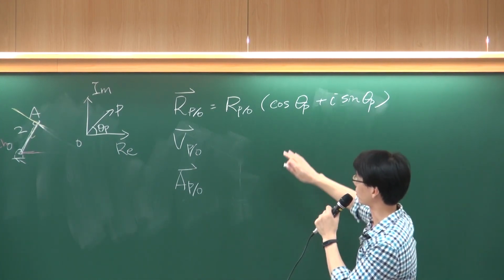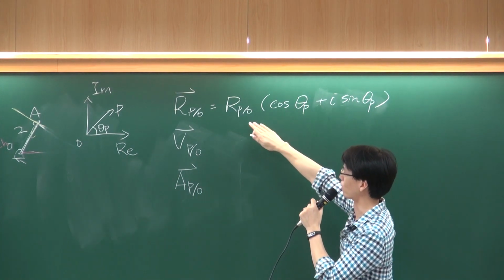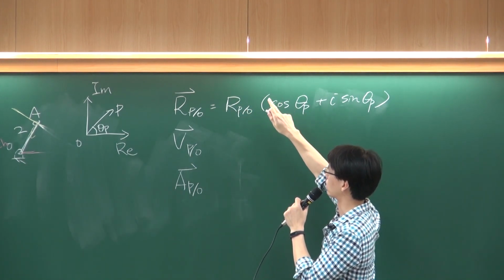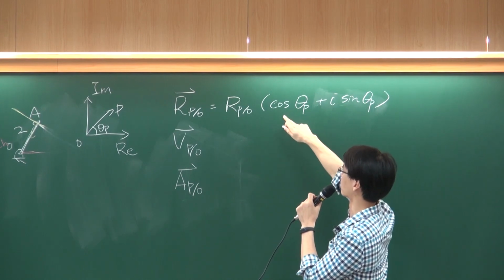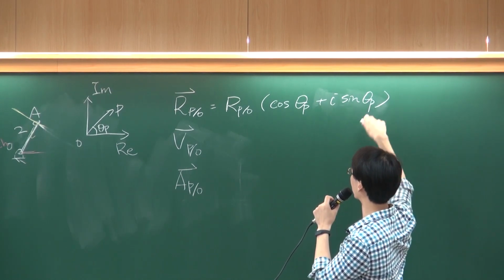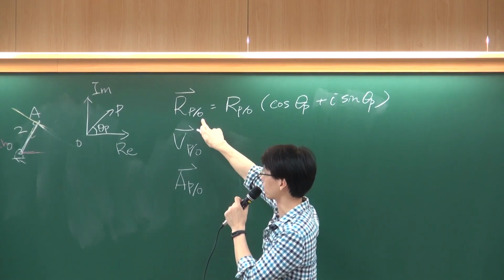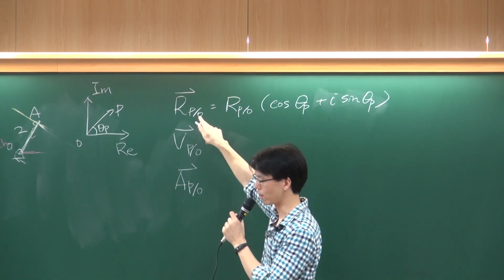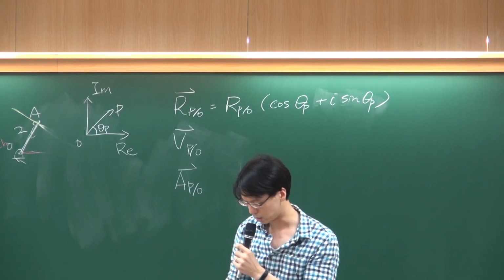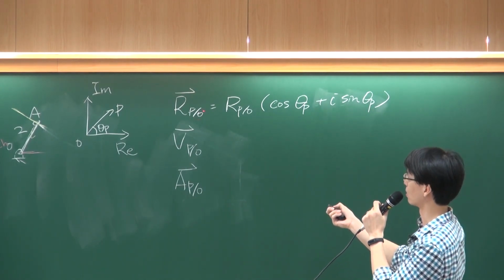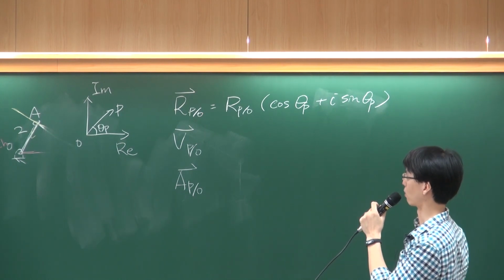And so we can represent any vector in this way. I represent this displacement, and it's actually RPO times cosine theta p plus I sine theta p. So what if this one is the displacement? Well, this one can be either absolute displacement or relative displacement, depending on if O is fixed or movable.